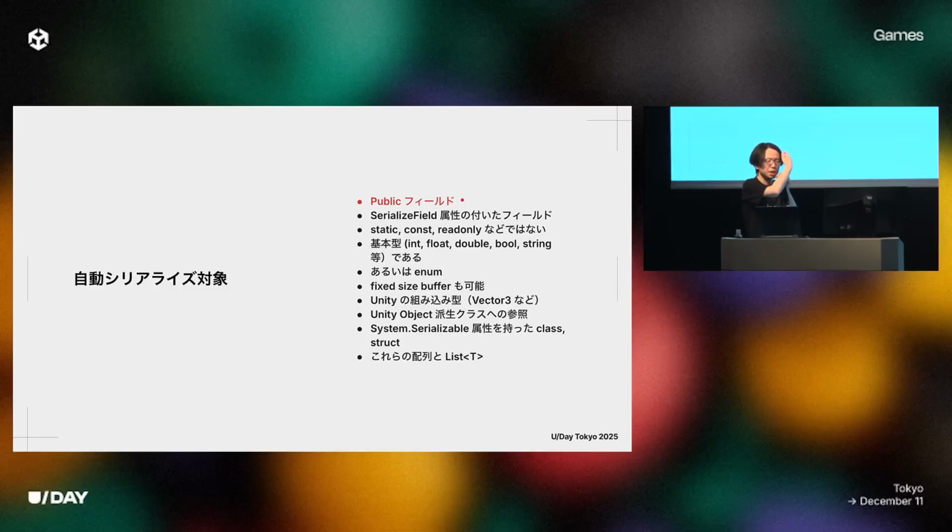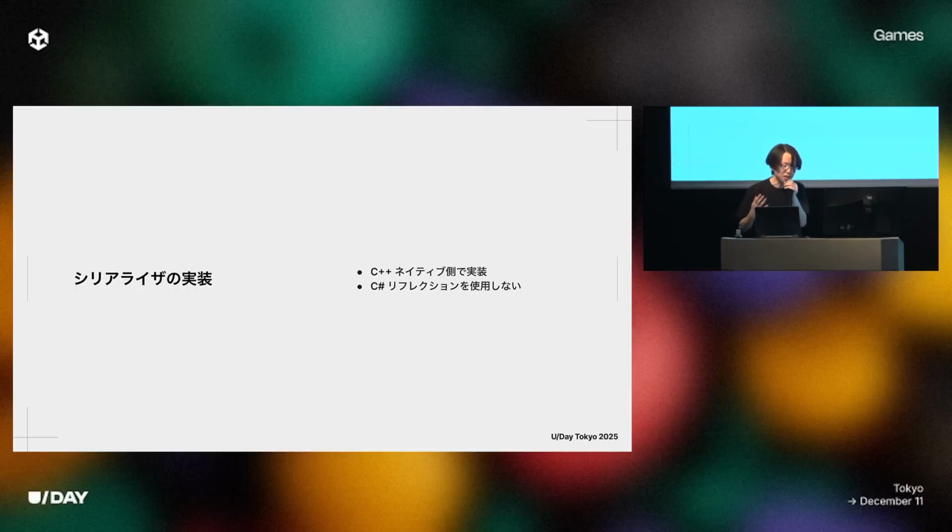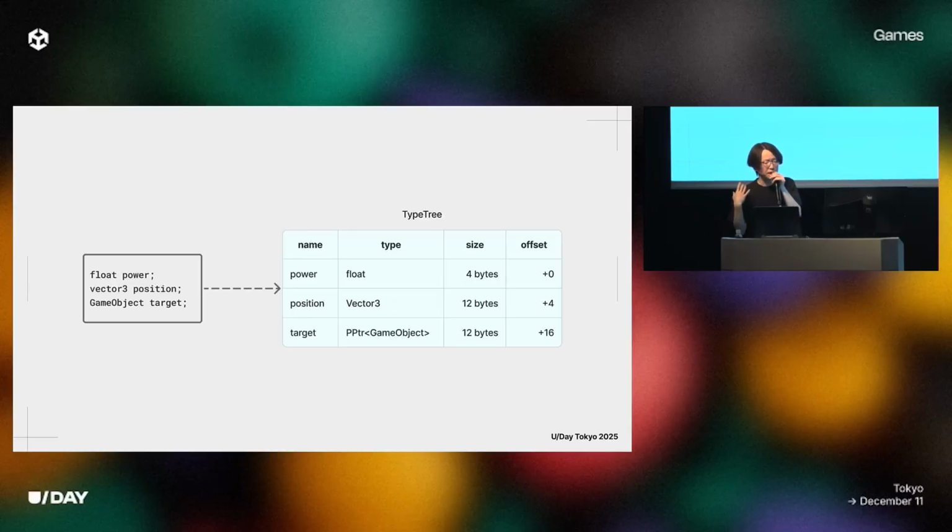Unity automatically serializes these fields, but the mechanism is implemented on the native side without using C#. From a typical C# programming perspective, you might imagine it inspecting the field layout with C# reflection, and then accessing each value. But Unity serialization uses no reflection. Unity first generates layout metadata called a typetree for each class it serializes.